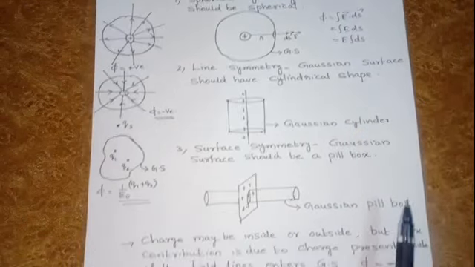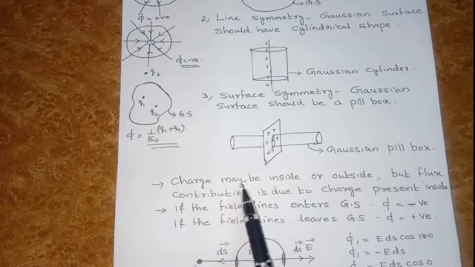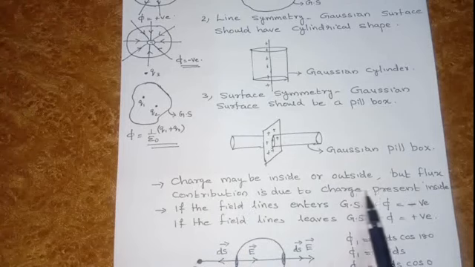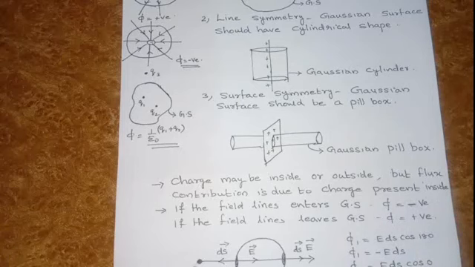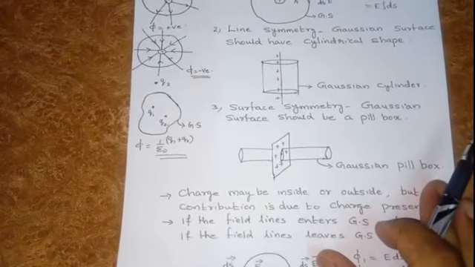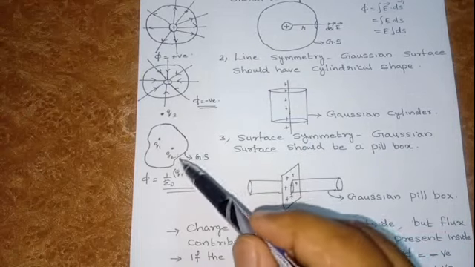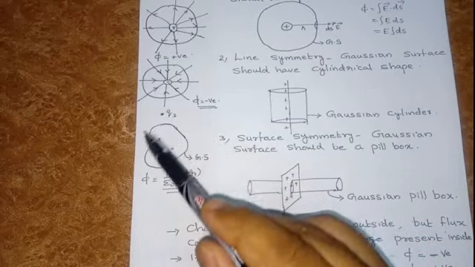Now the next property of a Gaussian surface is that the charge may be present inside or outside, but the flux contribution is due to the charge present inside only. Let us consider a Gaussian surface of any shape, and certain charge is present in this region.